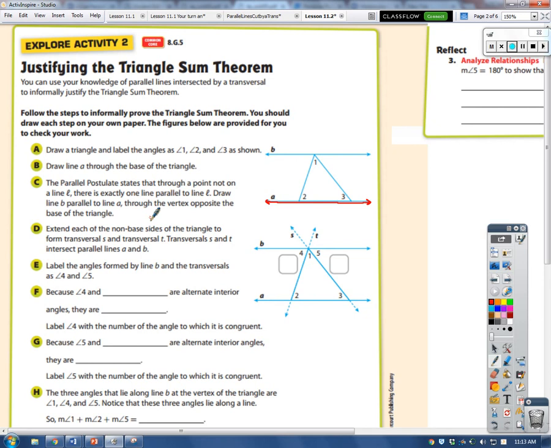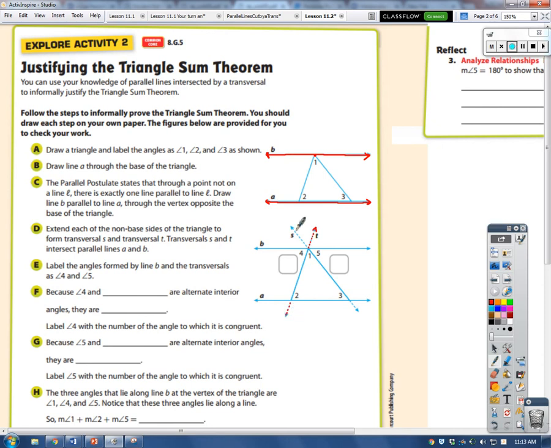Okay, so what that means is that you've got a line here. You're going to draw a parallel line through the vertex that is opposite the base. That's this one. So we've got two parallel lines here. Then we're going to extend each of the non-base sides of the triangle to form a transversal S and transversal T. So they extended them here, right?